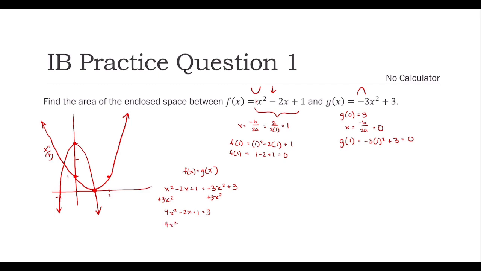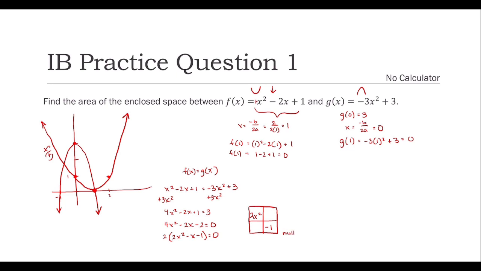So 4x squared minus 2x minus 2 equals 0. We can factor out a 2, so we have 2 times 2x squared minus x minus 1 equals 0. Then we'll see if we can factor this. We can use our box method, where we'll put our ax squared in the top left corner, so 2x squared, and then our constant in the bottom right corner.